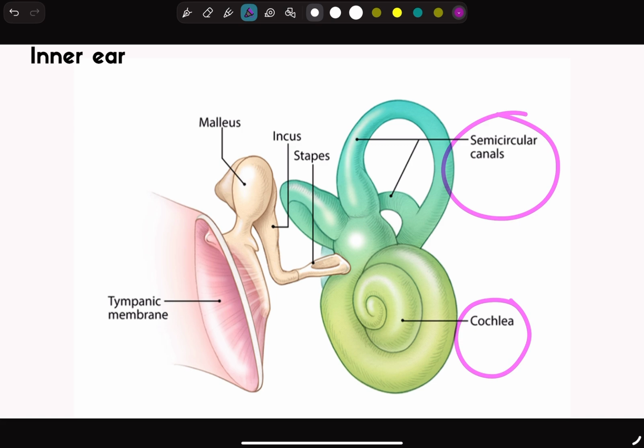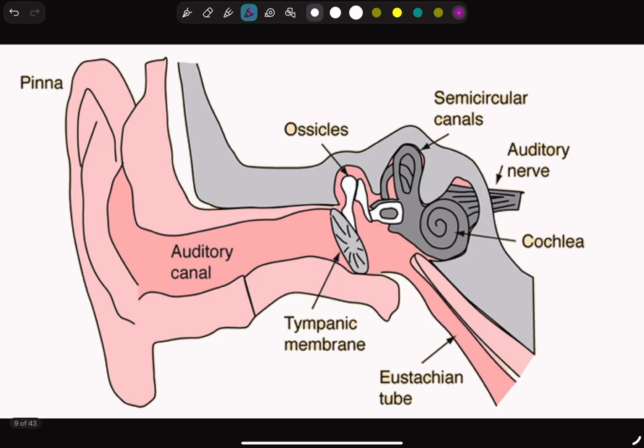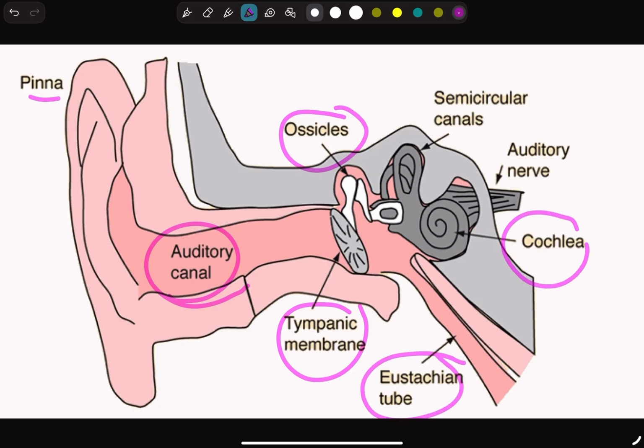Of course, it's nice to know more, but just for the purpose of this lecture. Beautiful. So this is a very basic, nice overview. We've got the pinna, external auditory canal, tympanic membrane, ossicles in the middle ear, eustachian tube, cochlea, the auditory nerve, semicircular canals.